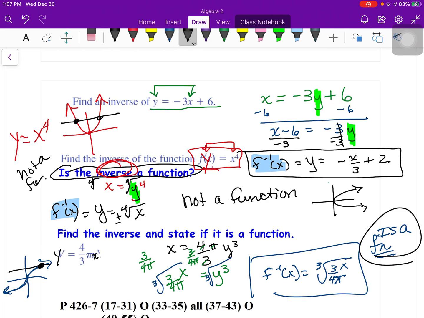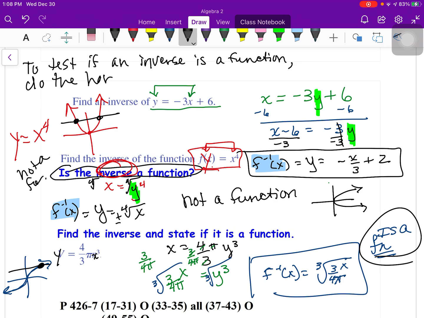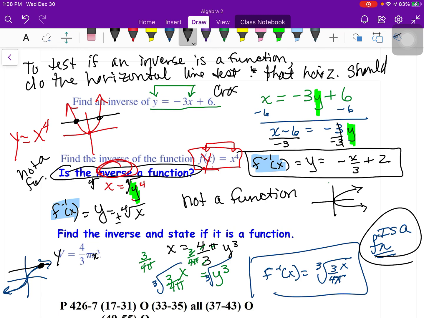So to test if an inverse is a function, do the horizontal line test. And that horizontal line should cross at one point to be a function.